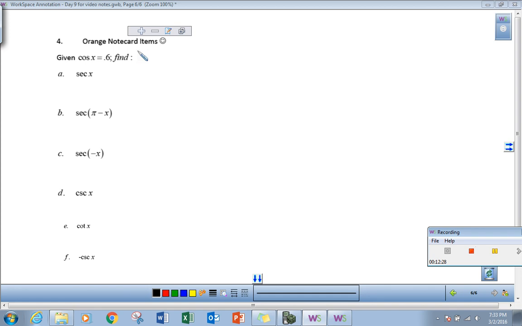I'm going to tell you that cosine of x is equal to 0.6. Whenever you have a decimal, turn it into a fraction when we're working with trig. So I know that the cosine of x is really 3/5. Now let's try to think through these. It says the secant of x. We'd like to figure out the secant of x.